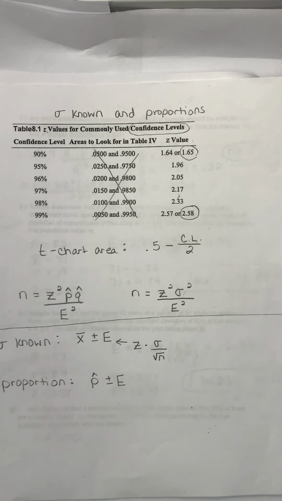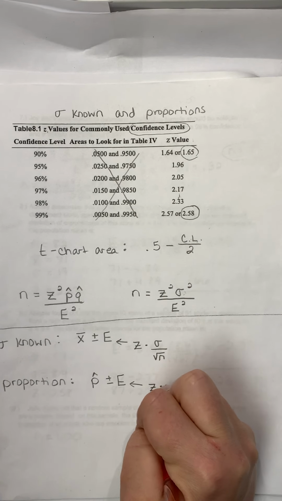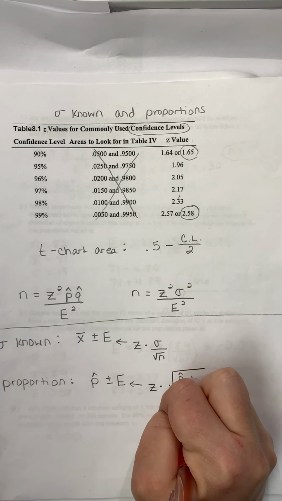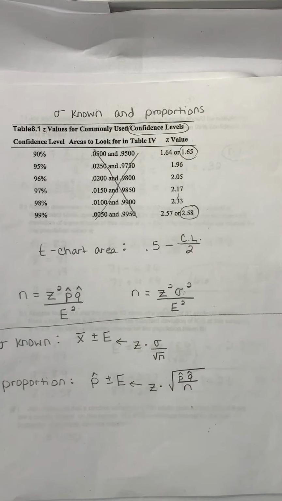Our E is a little different. It's still Z, but now it's times this big giant square root of P hat times Q hat over N. That's now what we are. This is for proportion. Anytime you see P, we still get to use this.